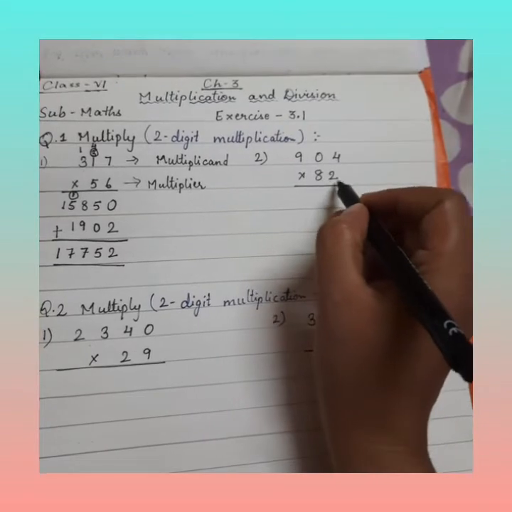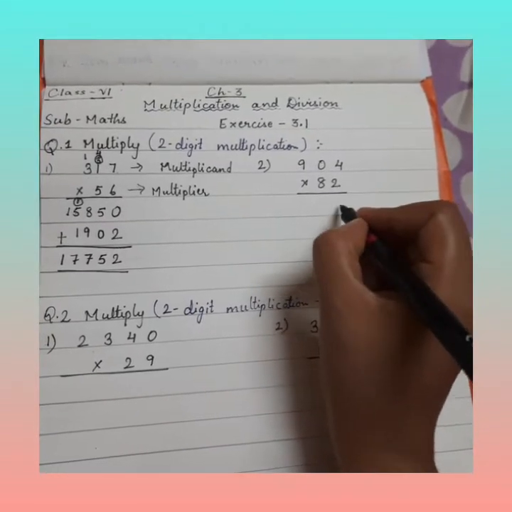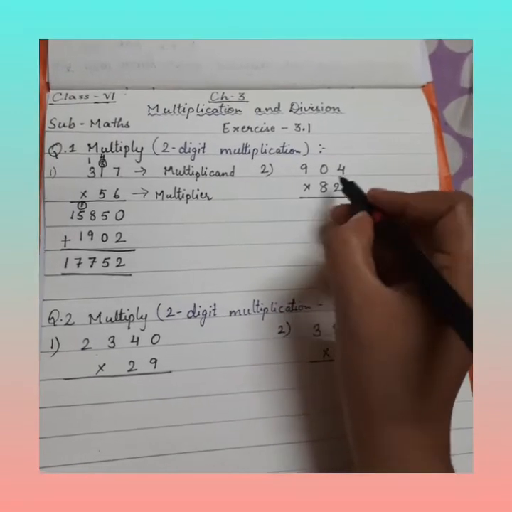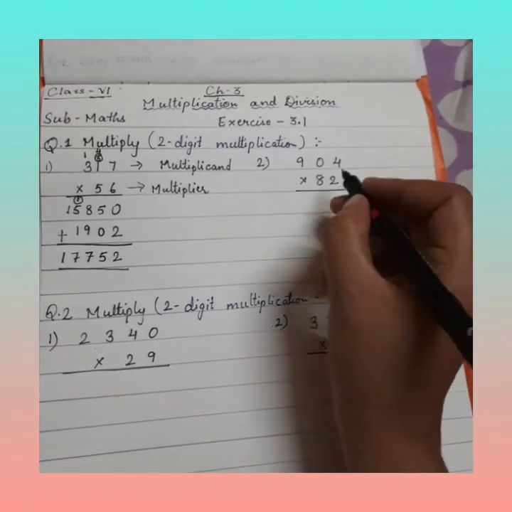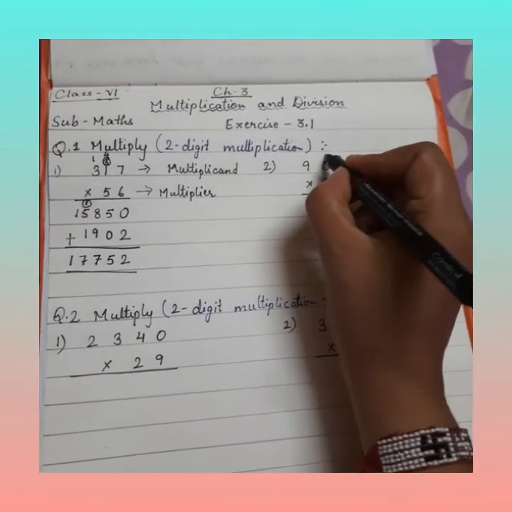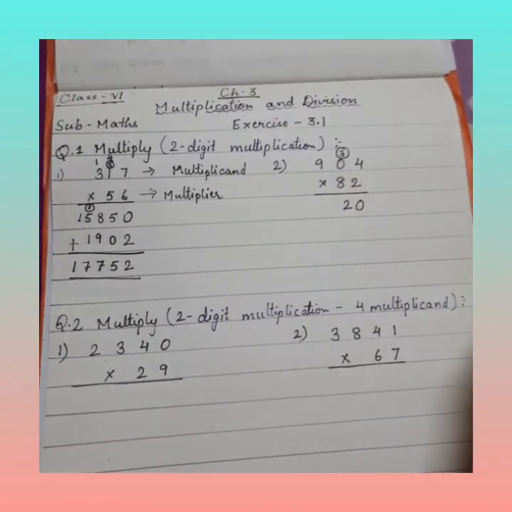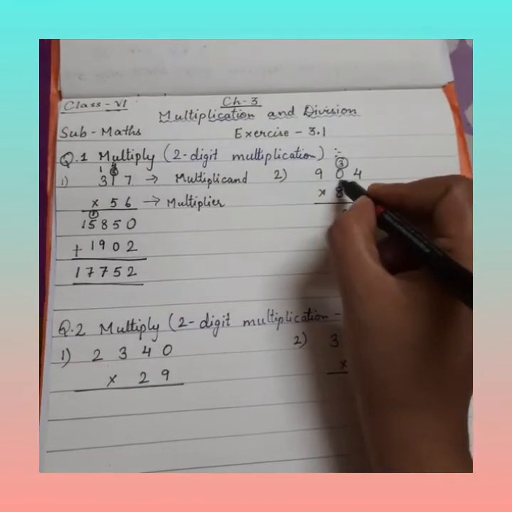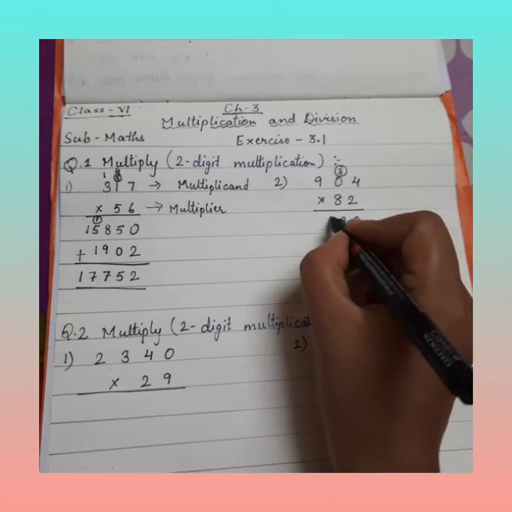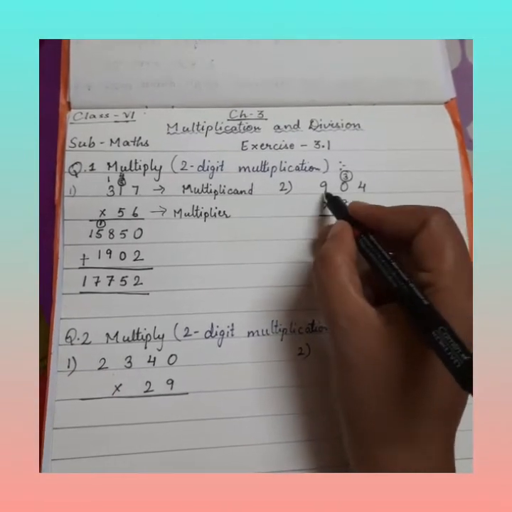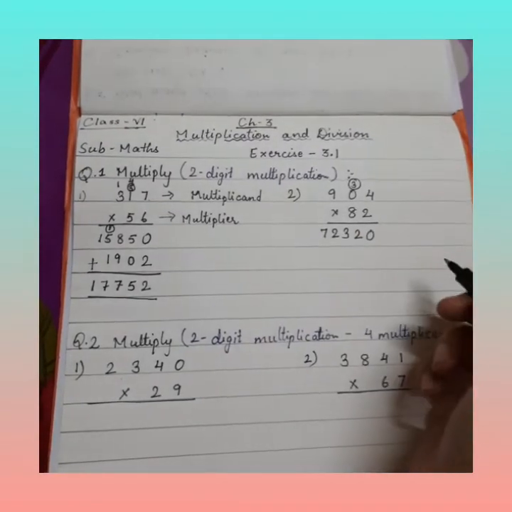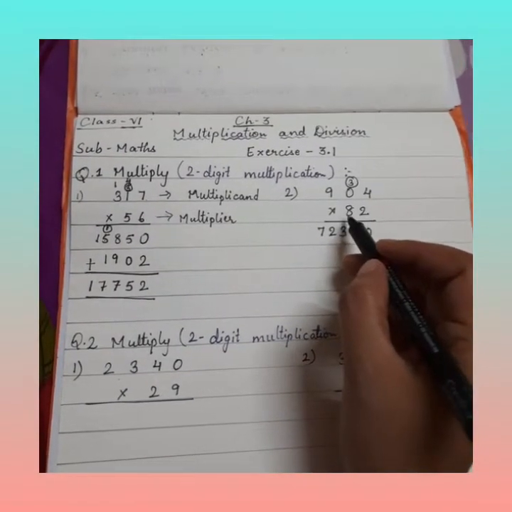Again a 2-digit multiplier. For that I will write 10 here, one less number. Then 8 fours are 32. So for that I will write here 2 and 3 will be carried over. Then 8 zeros are 0 plus 3 will come here, 3. Then 8 nines are 72. The first number is over now.